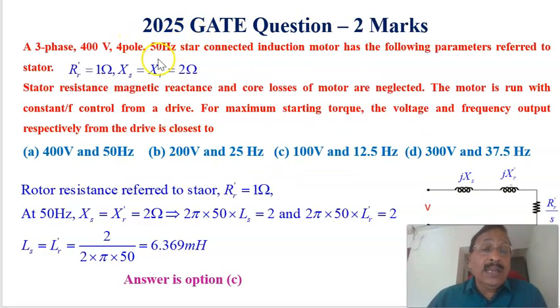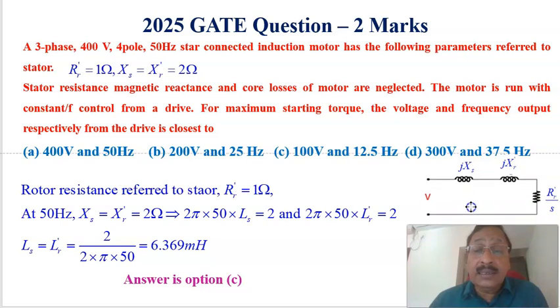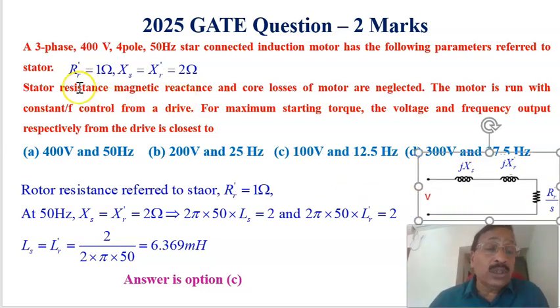Now let us see another problem, a 2025 GATE question that also carries 2 marks. A 3-phase 400 volts 4-pole 50 Hz star-connected induction motor has the following parameters referred to the stator. The rotor resistance referred to the stator, RR dash, is equal to 1 ohm, and the rotor reactance referred to the stator, XR dash, is equal to 2 ohm.